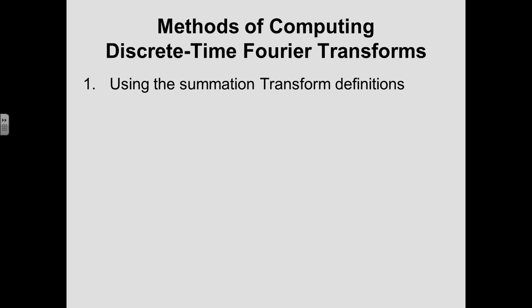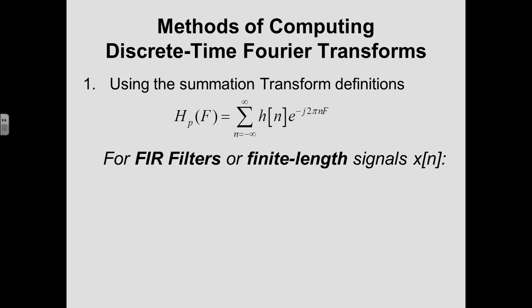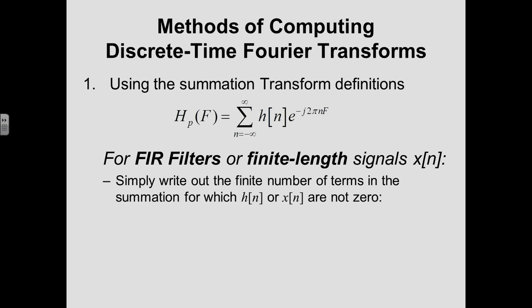So going back to examples of using the defining definition, H of F is the sum of h of n e to the minus j 2 pi n F. Now, if we have a finite length sequence, or the unit sample response for an FIR filter, for example, then we can do as we've done in the first few examples and simply write out the individual non-zero terms of this summation, and then work with the complex exponentials to simplify them as much as possible.